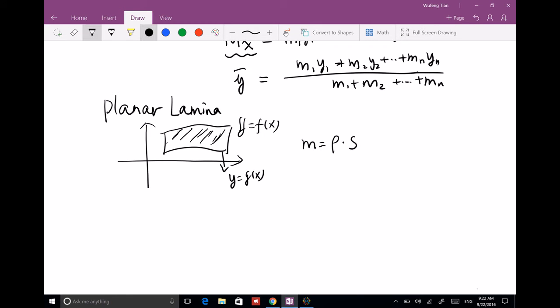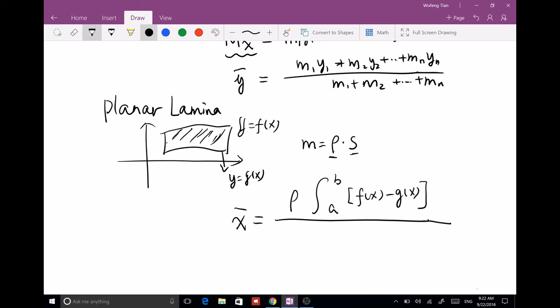So x equals, first is the mass. The mass is rho times s. The rho is a constant, you can always take it out. The s is the area of this irregular shape, so the s is kind of the same formula as the area, from a to b, f(x) minus g(x).